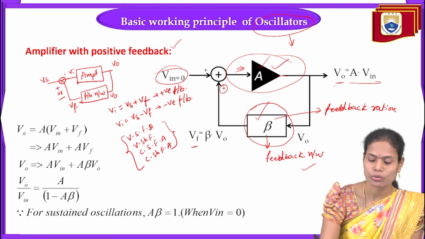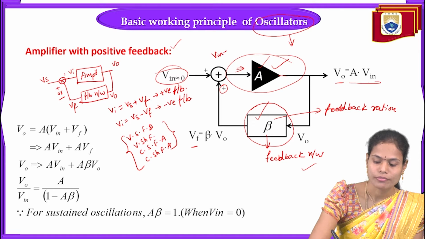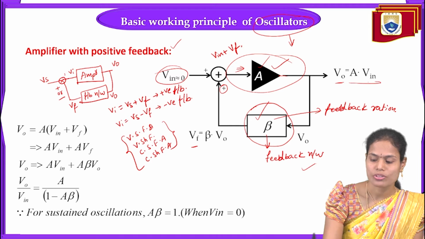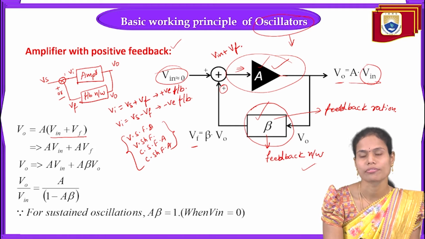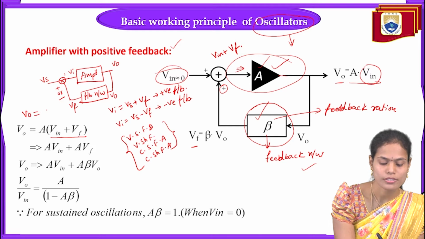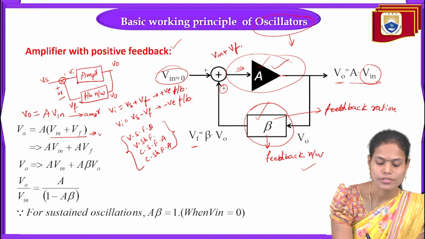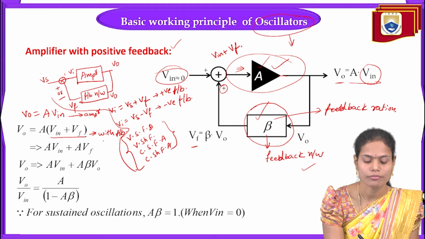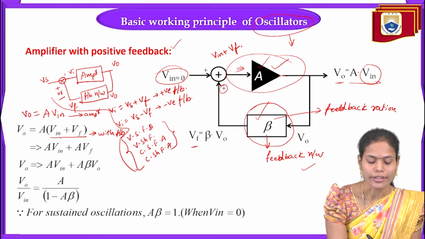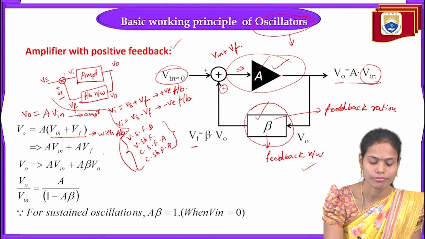So my input voltage is the sum of Vin plus Vf here. In the normal case V0 equals A Vin; this is for the amplifier only, and this is with the feedback. If we apply the feedback and multiply by the gain, we will get A Vin plus A VF.